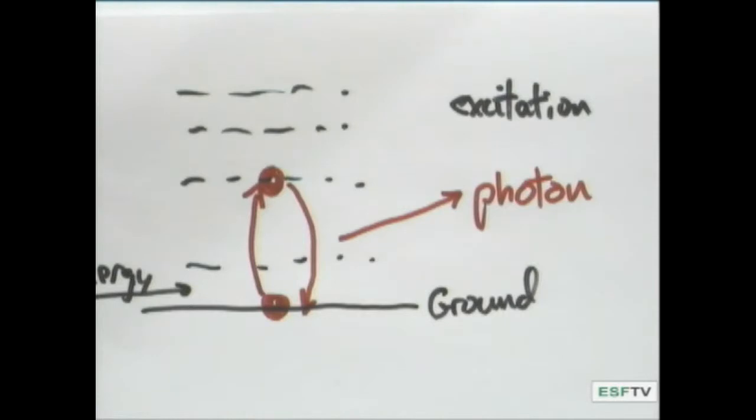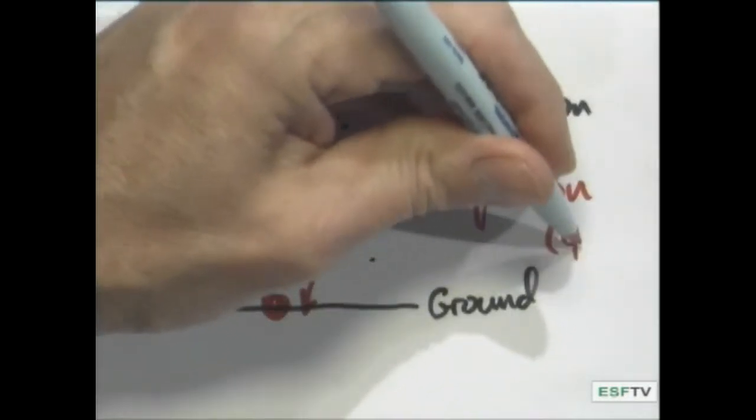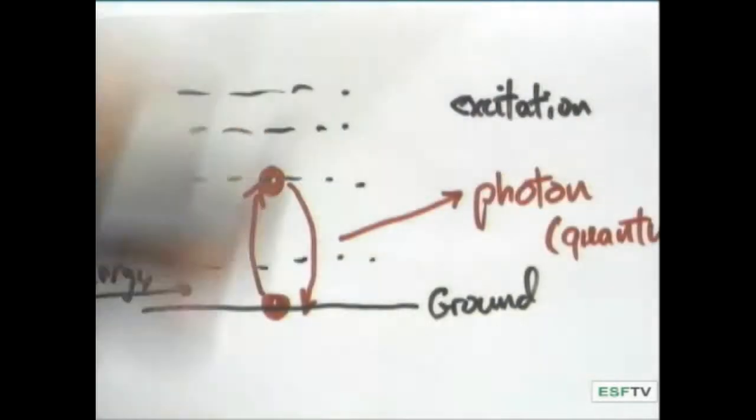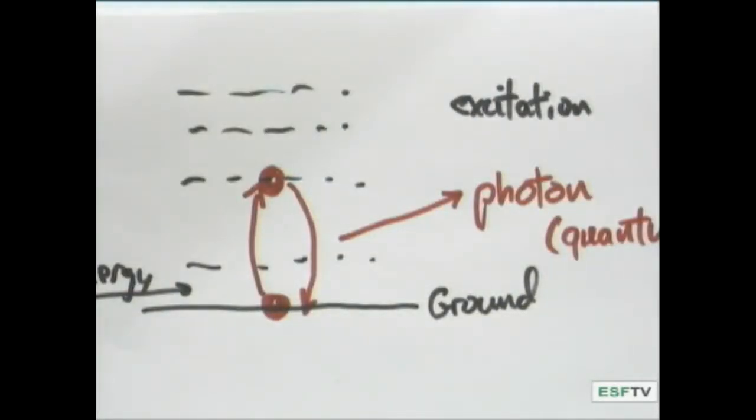It's not quite a particle, but it does come out in a discrete package. That discrete package is called a quantum. And that is the origin of light. The photon is a carrier of energy that is released when the electron goes from its excited state back down to its ground state. And that, in a nutshell, is the origin of light.